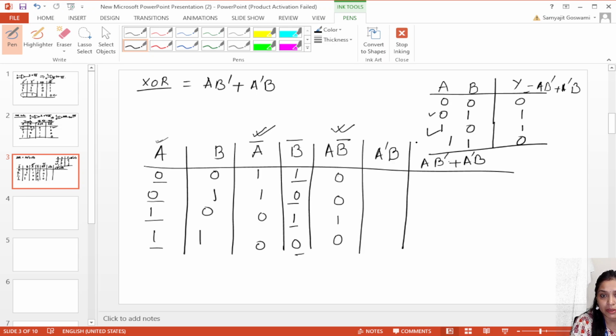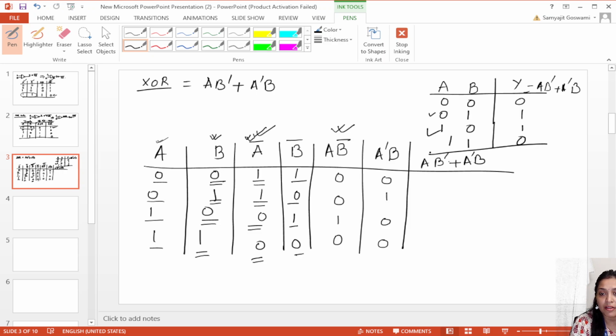Now A bar B. I will take this component and this component. 0 and 1 is 0, again 1 and 1 is 1, 0 and 0 is 0, then 1 and 1 0, so this will also be 0.